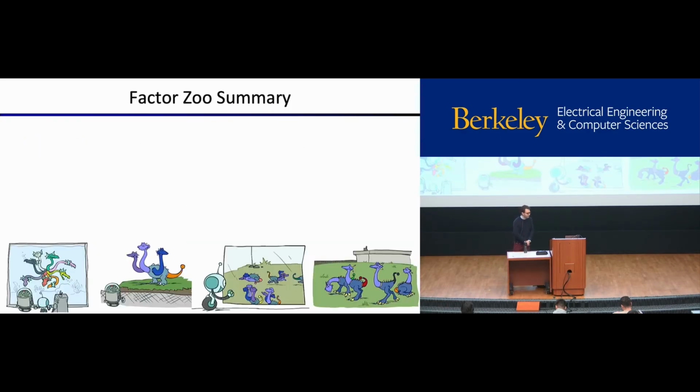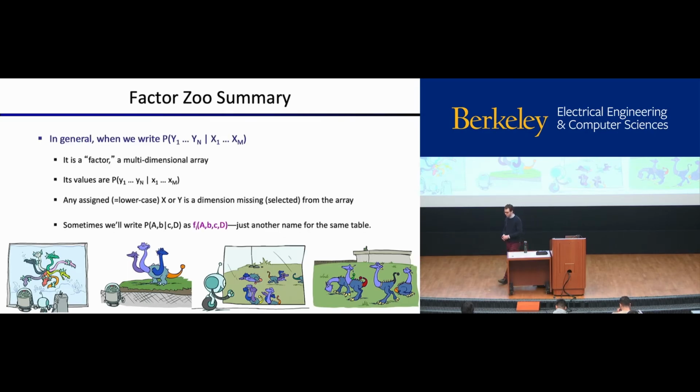All right, so those are the types of factors. And in general, a factor is a table of probabilities. And we might write it this way that we've been seeing, P of A, B, C, D. Or we might just say it's a factor and it has these variables in it. Either way, it doesn't really matter. These are just 2 different names for the same thing.